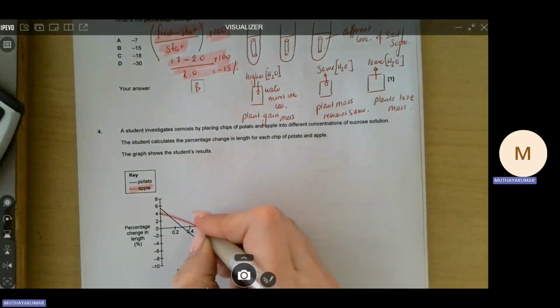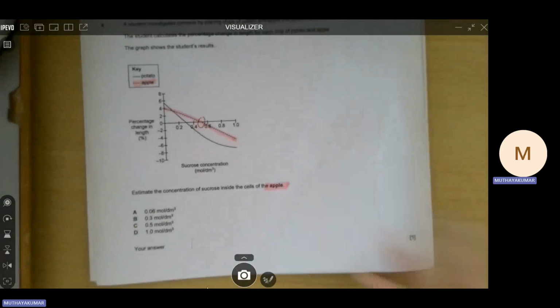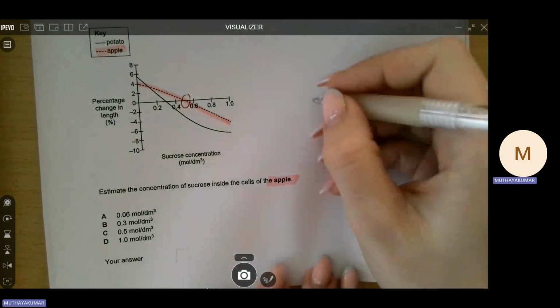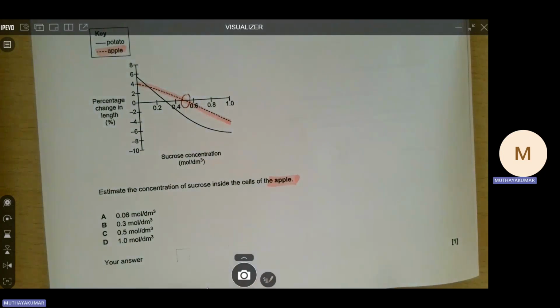So all you need to do is you look at where it intercepts on that x-axis. Okay, and so have a quick look at the results and think about what one you would do. Okay, and the answer is C.